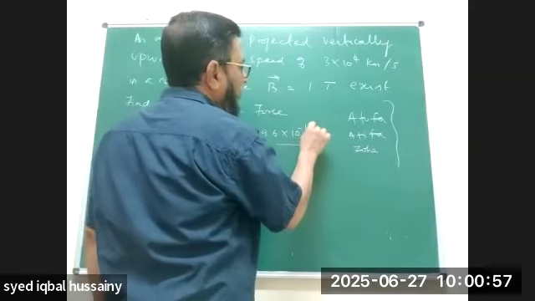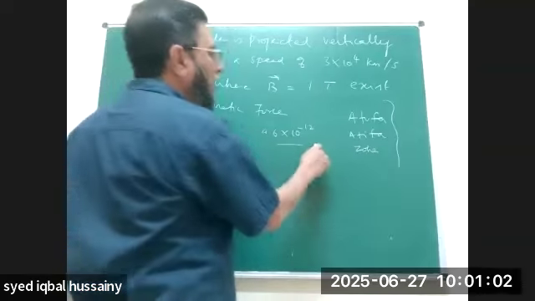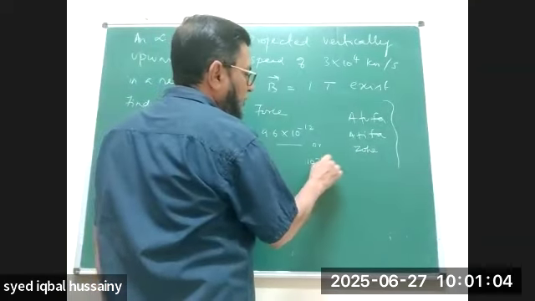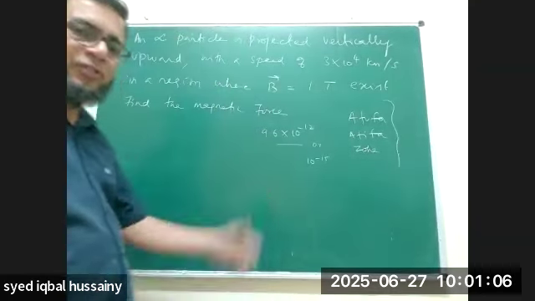No, sir, 9.6. 9.6 into 10 raised to minus 12. Sir, I got 9.6 into 10 raised to minus 15 only, sir. Okay, or minus 15. Boys, don't play. All of you check this.